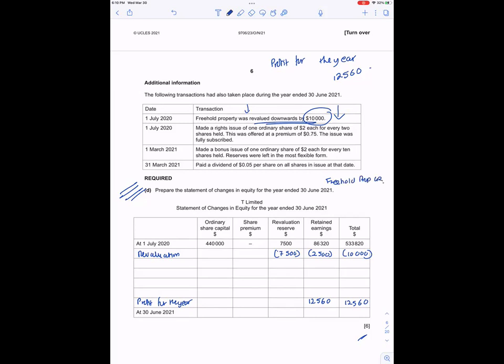So what will be debited? Revaluation reserve, I have only 7,500. So I will first use that entire revaluation reserve of 7,500, and the remaining I will use retained earnings for 2,500. I use capital reserves first, revenue reserves later. Okay. So I will remove from revaluation reserve, I will remove from retained earnings, and 10,000 I will remove for total. Correct?